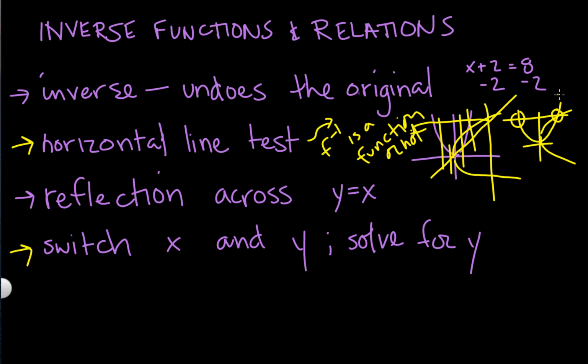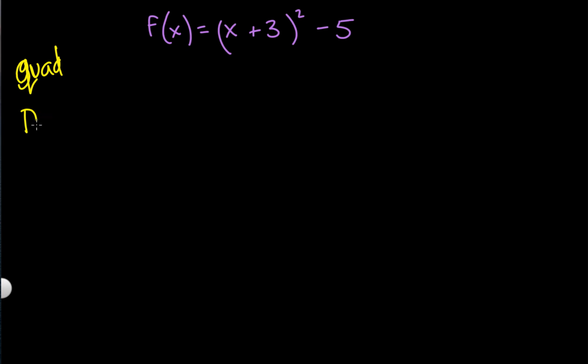So let's take a look at a function. F of x equals x plus 3 squared minus 5. So we know a lot of information about this. We know that it's a quadratic with a Q, not a G. I know what my domain is. For a quadratic, my domain is going to be all real numbers. So x is a member of all real numbers. I have my range.